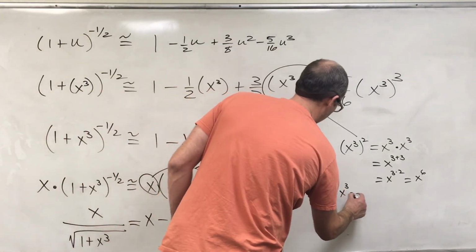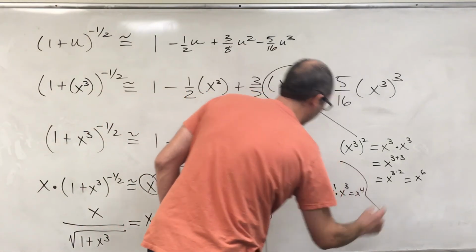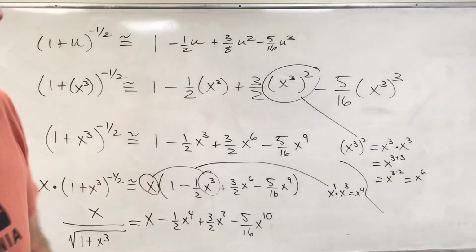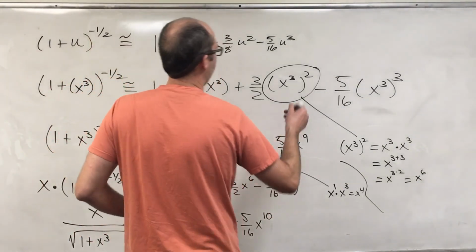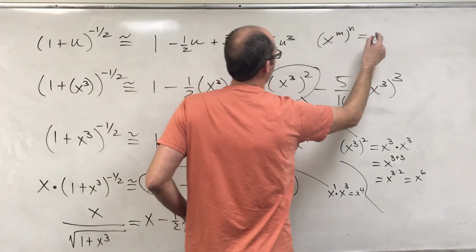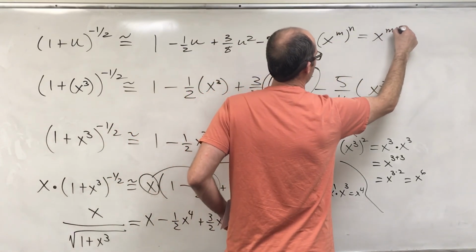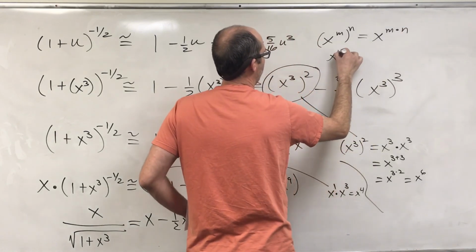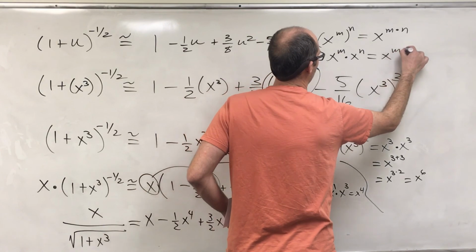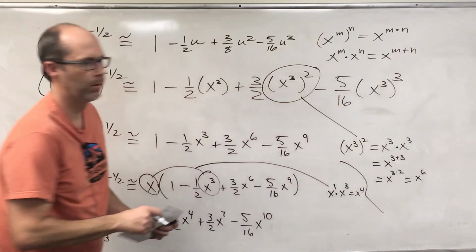So we have x to the 4th. So what am I trying to say here? X to the m to the n is x to the m times n. X to the m times x to the n is x to the m plus n. All right.